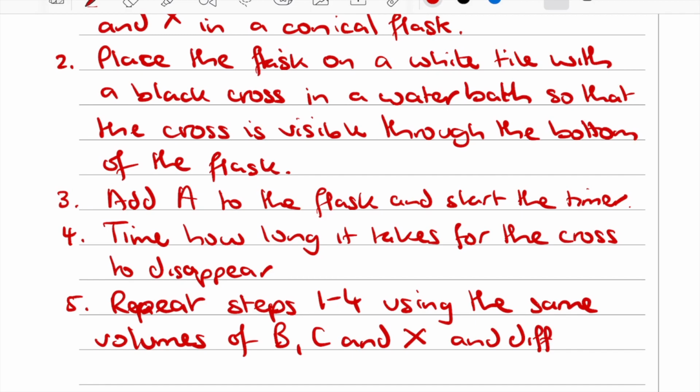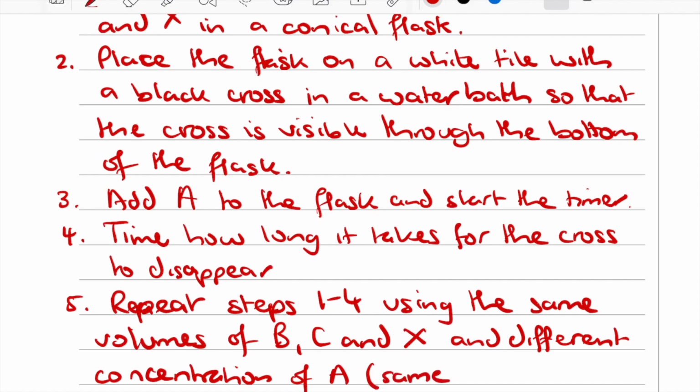So this is our independent variable, different concentrations of A, sorry. But they must still be 10 centimeters cubed because otherwise we're going to be changing the concentration of B, C, and X. So that's very important.